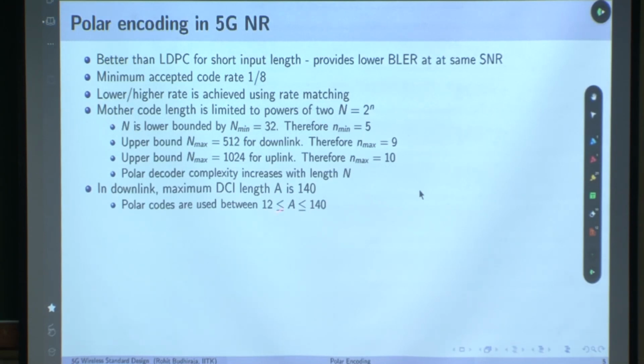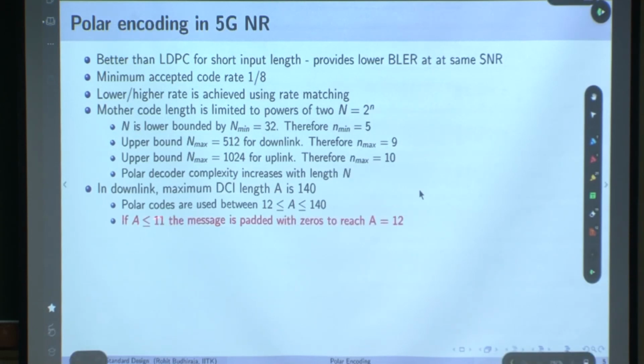The polar codes are used when the DCI length is between 12 and 140. If length A is less than 12, the message is padded with zeros to reach A equal to 12.